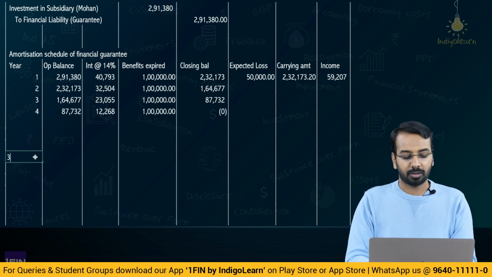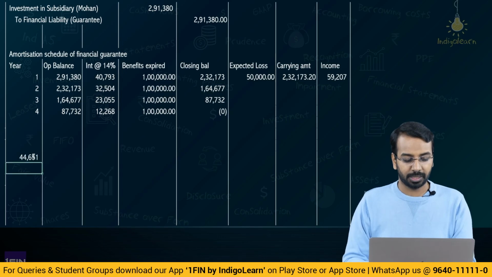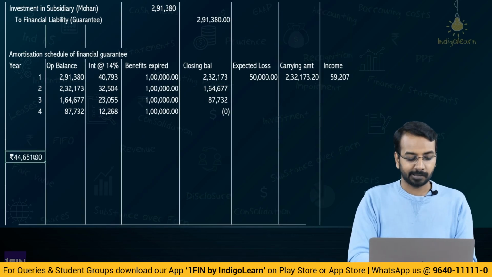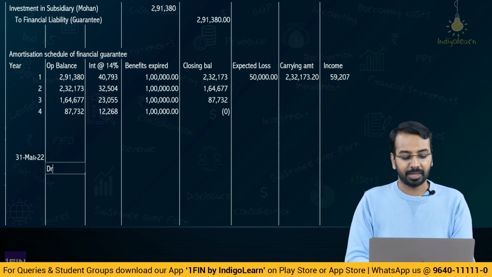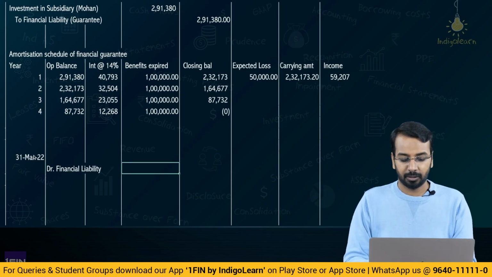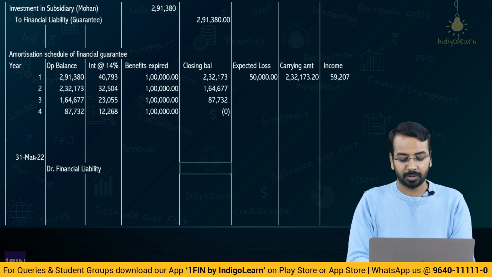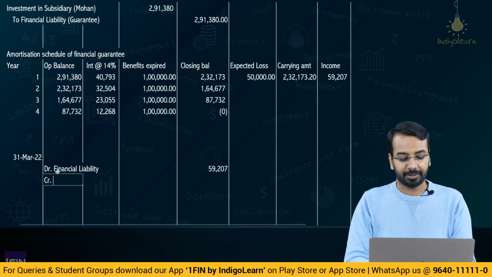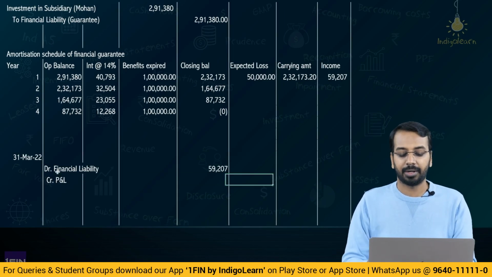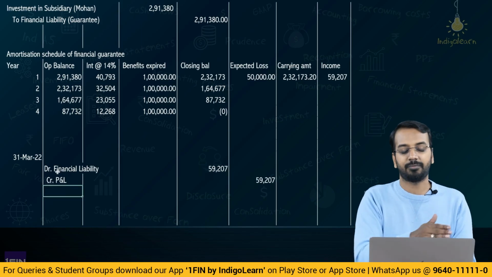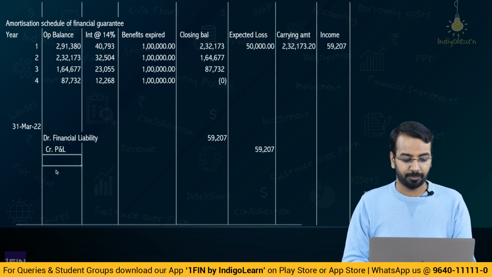So, on 31st of March of 22, you would say debit financial liability by 59,207, credit P&L or income statement 59,207, or you can say financial liability to P&L, that is also fine. Okay.